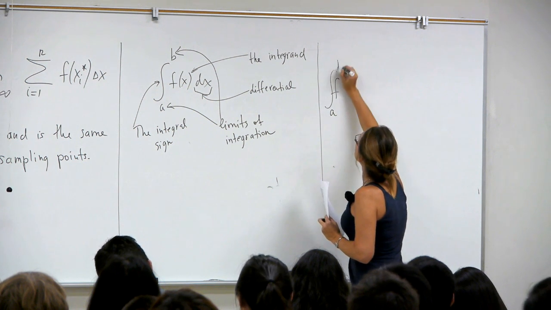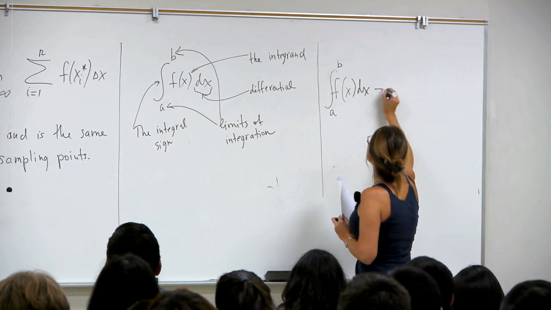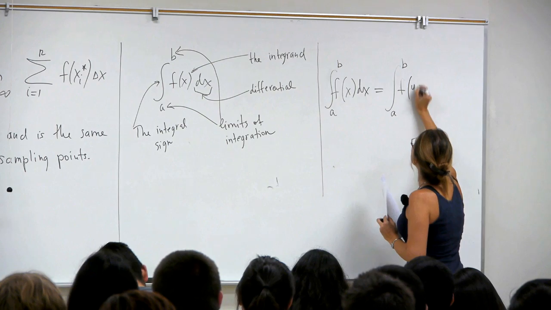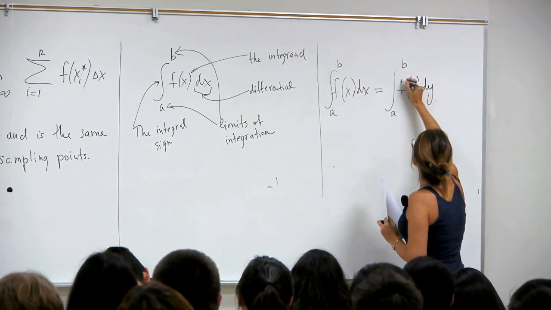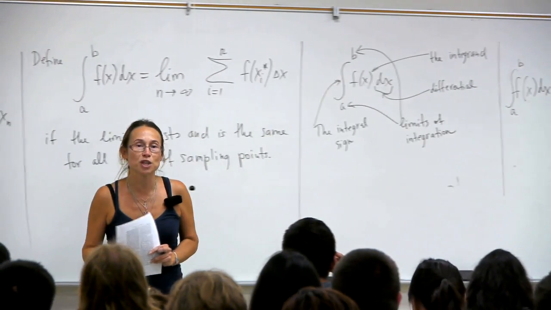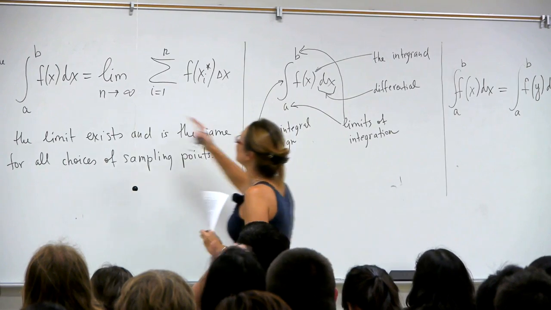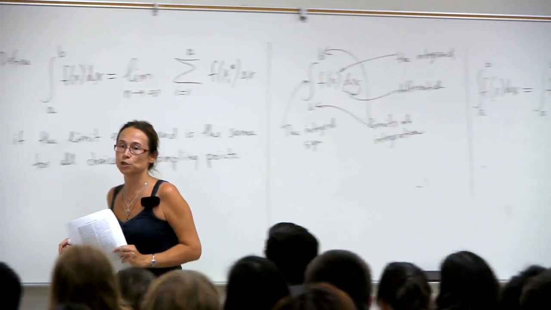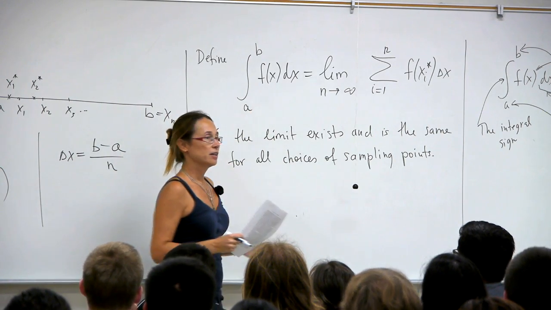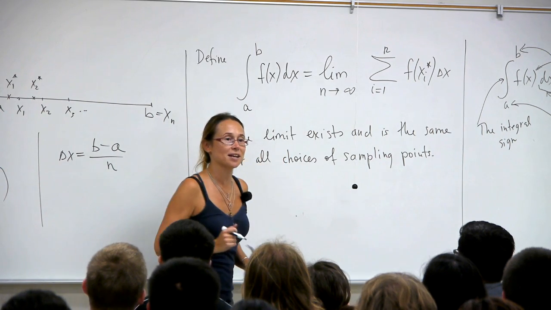Let me show you. The integral from a to b of f of x dx can actually be written as the integral of f of y dy, or I could insert any letter, and the answer won't change. Why is that? If you take f to be x squared, remember we did this exercise last time.